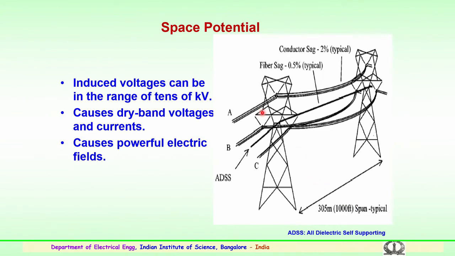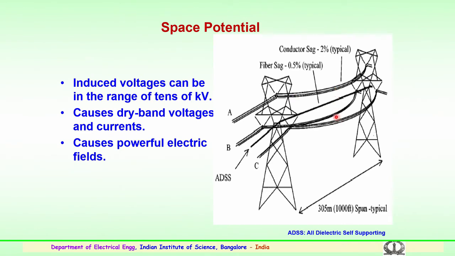So, this is an example of how conductors are connected between two towers. One example is the all dielectric self supporting cable, that is an optical cable, which is being connected for communication purposes. You can see here that typically the conductor sags between 2 to 5%.